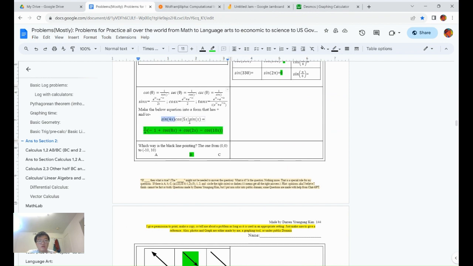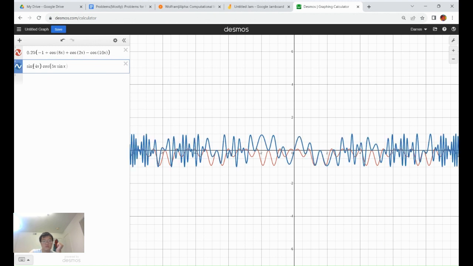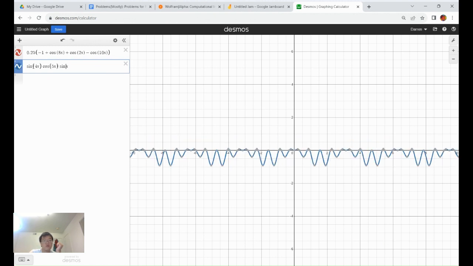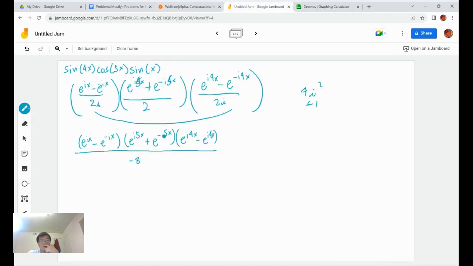Did I do this wrong? Shit, I might have done this wrong. Okay. Please say I got this right. Oh, no, I got it right. Yeah, look, they're the same line. If I toggle it off, these two get the same line. So it's indeed possible. It's just very torturous.